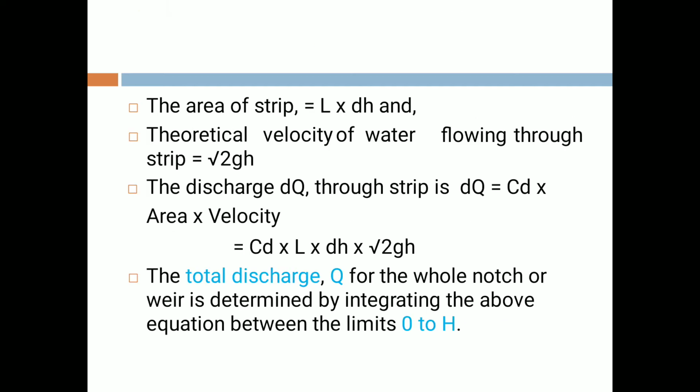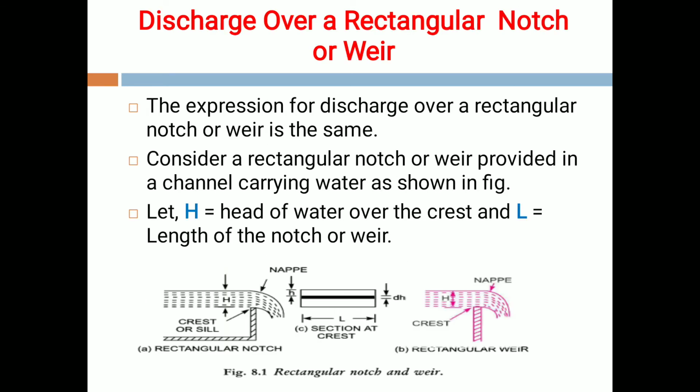So, for finding the discharge of water flowing over the weir or notch, consider an elementary horizontal strip of water of thickness dH. You can see in the figure there is a horizontal strip of water of thickness dH and length L at depth h from the free surface of water.